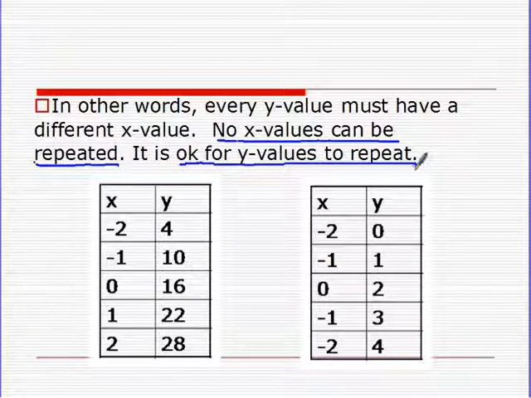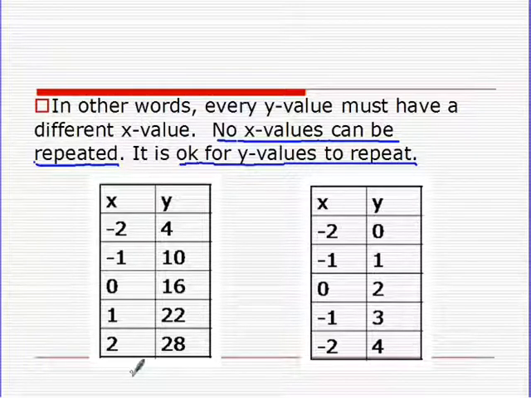That's the easiest way to check to see if something's a function when you're given a list of the ordered pairs. I'll show you another really easy way to check to see if something's a function when you're given a picture of it. So just working with me, take a look at this first one here, where my pen is, and think to yourself, is this a function or is it not a function? Really, the only thing you need to check for is, are there repeated x values?